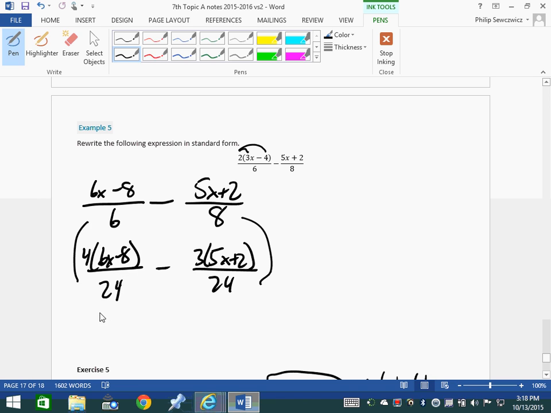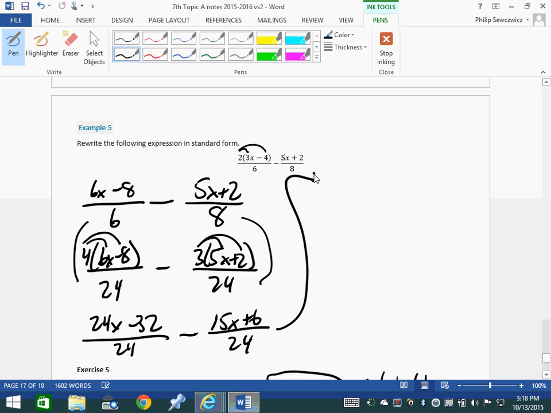Now I can distribute. So I've got 24x, and then minus 32 all over 24. And then 3 times 5x, 15x, 3 times 2 plus 6, all of that over 24. Now I'm going to come up here. So now I've got the 24x minus 32 minus, and then it's all of this.